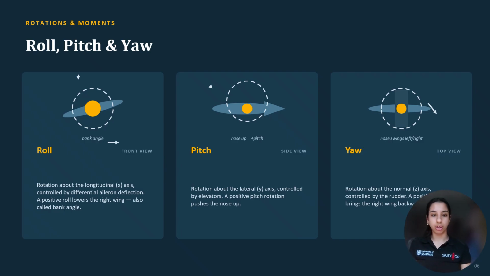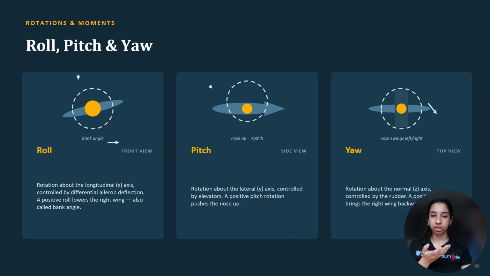It's also controlled by the ailerons, which we already talked about. And this is very important to remember: a positive roll will lower the right wing, also called the bank angle. We will talk about bank angles later, don't worry.